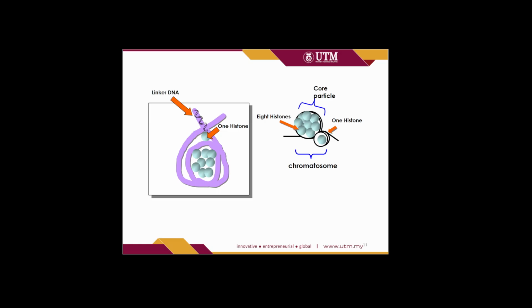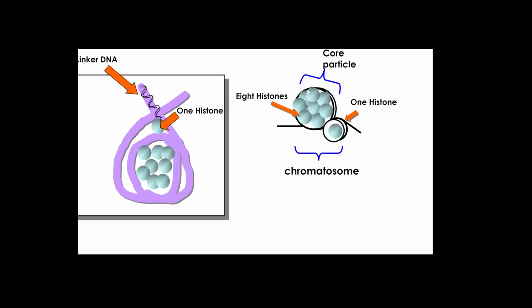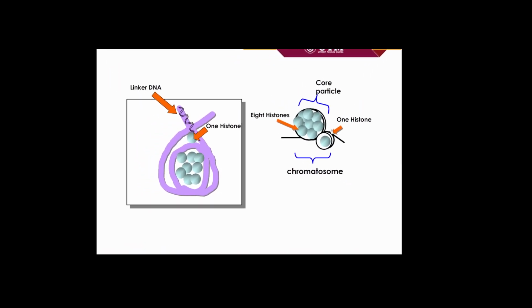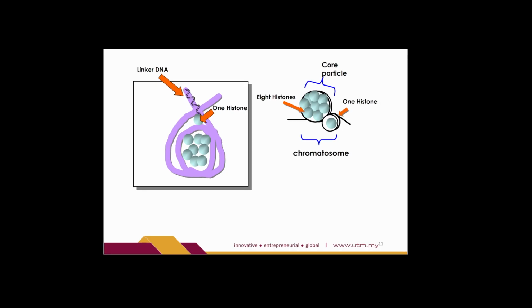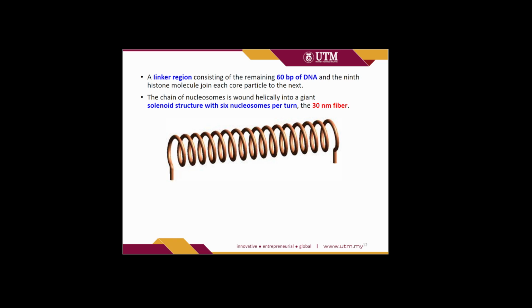Here, in the structure of the DNA, we have the 8 histones, and the one histone that makes the knob, which works as a linker to make the DNA and the chromatosomes wrap with each other. The linker region, the ninth histone, consisting of the remaining 60 base pairs of DNA and the ninth histone molecule, joins each core particle to the next.